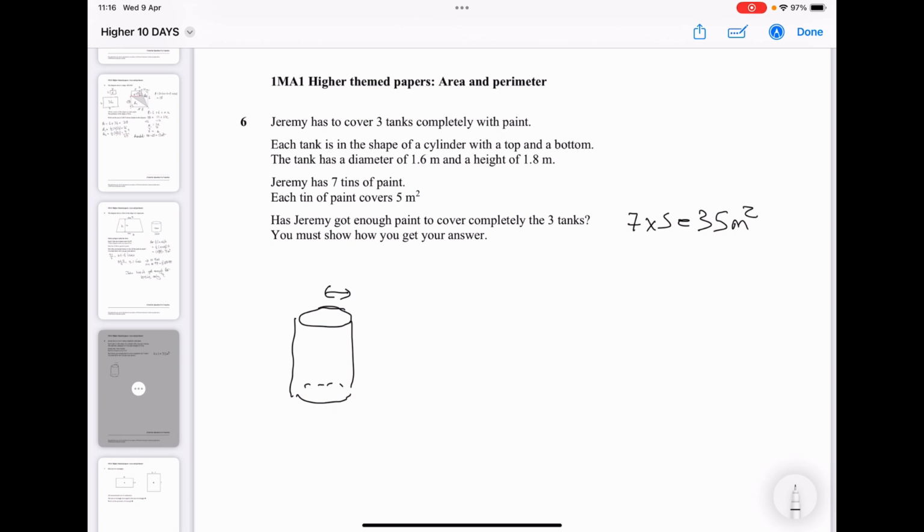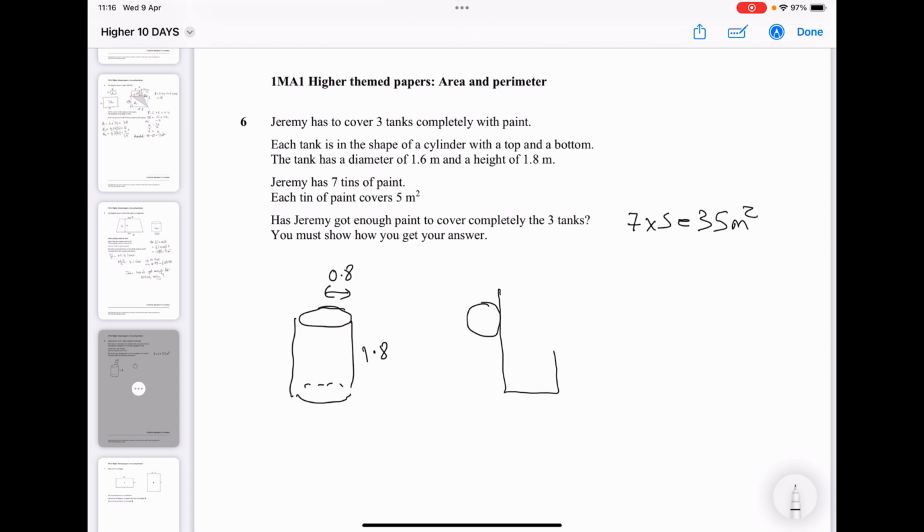First of all, we've got the radius, which is half of the diameter, that's 0.8. The height of this is 1.8. And then we've got to think about what this looks like. If we're going to cover them completely, we've got 2 circles.